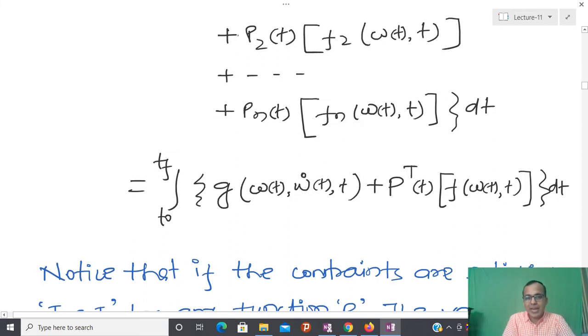So I have p1, p2, p3 as a row vector, and after that a column vector f1, f2 and fn, and if you multiply them, the same kind of result comes into the picture.